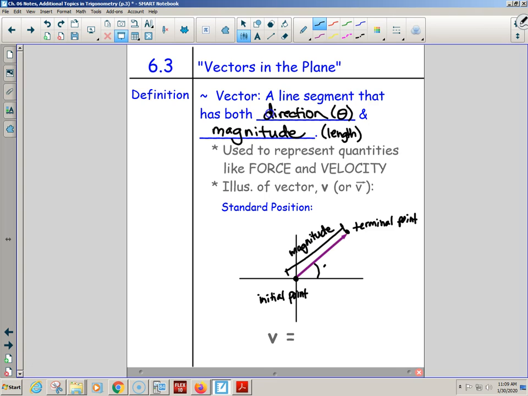A vector has an initial point and a terminal point, and it turns at some sort of angle. Now, it kind of depends. Sometimes you're going to be measuring from our normal, oh, hey, directed line segment. You guys don't need to write that down. It is a directed line segment, so it's a line segment with a direction.